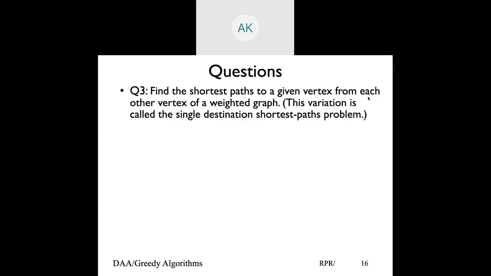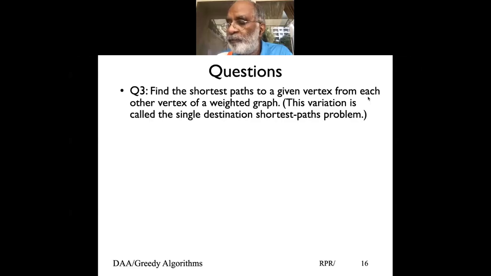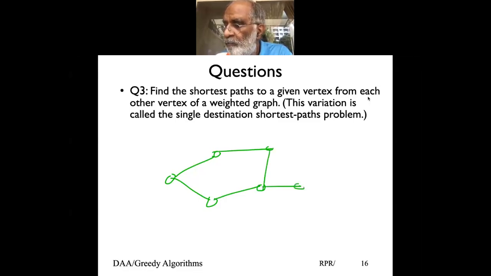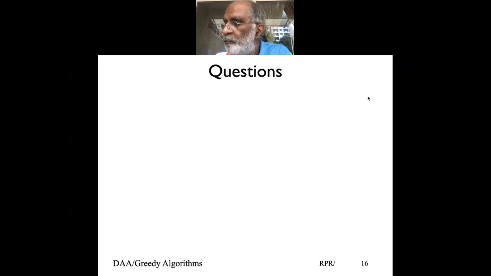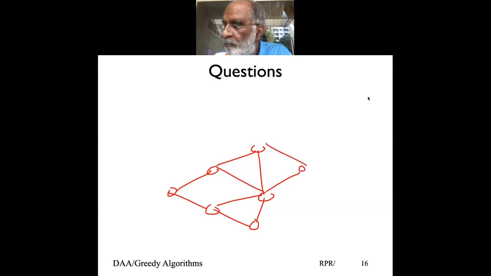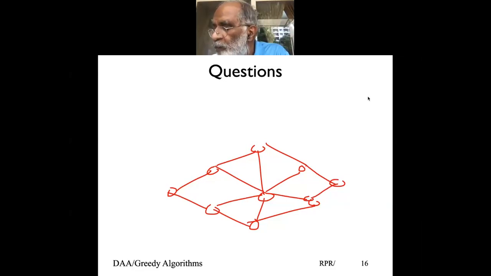So given my graph, for this node, let's say node P, I would like to find the shortest distance for node P from all other nodes.